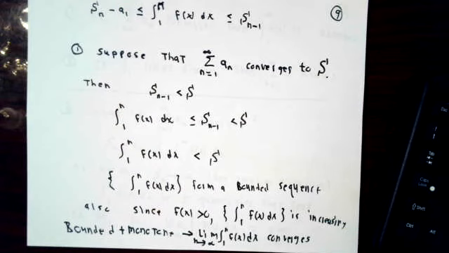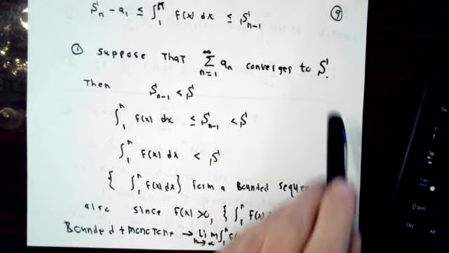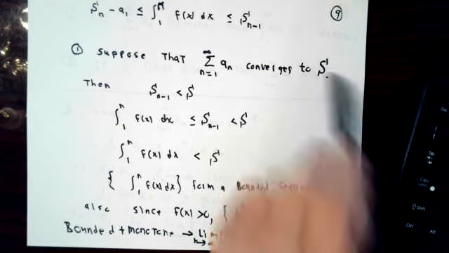So the A series either converges or it doesn't converge, and I want to look at the consequences of each one of those two things. So thought number one, suppose that the infinite series converges. You take the limit of the partial sums, you get an actual real number, and I'll call the limit S.